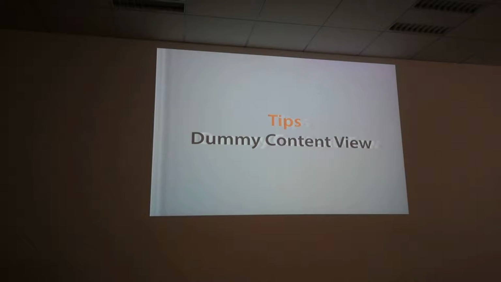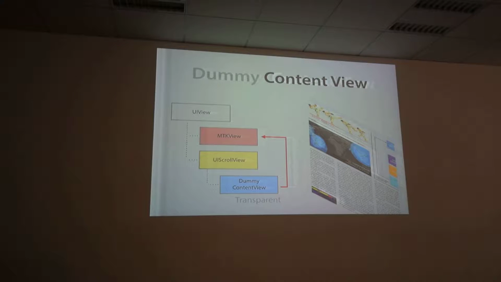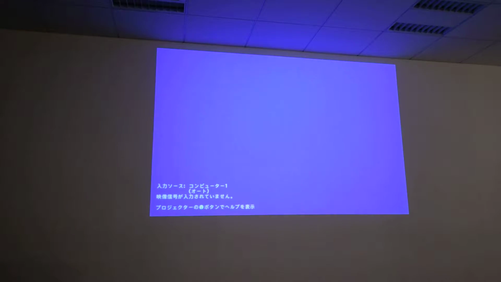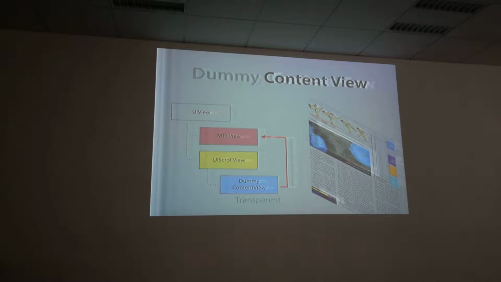Then here it is once again, using the dummy content view. You might have already seen this image, but once again, OpenGL or Metal view are placed behind the scroll view side by side, and place the dummy content view within the scroll view.